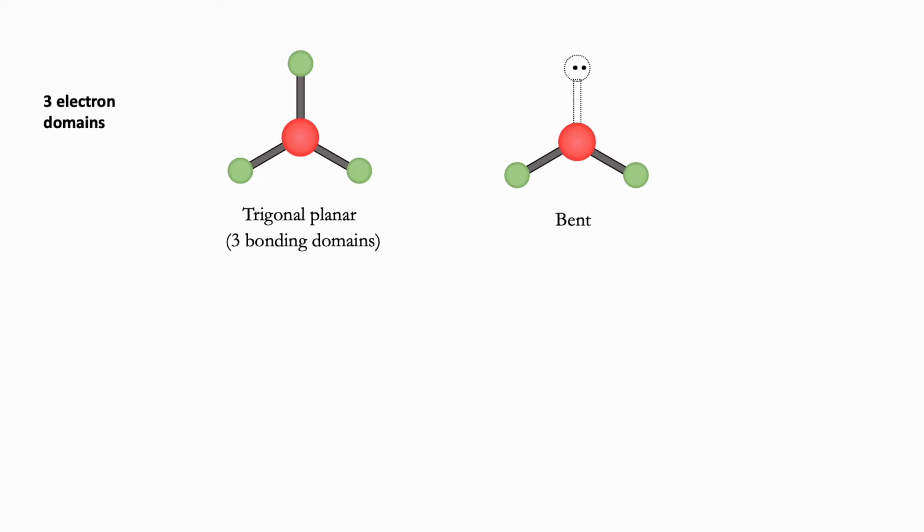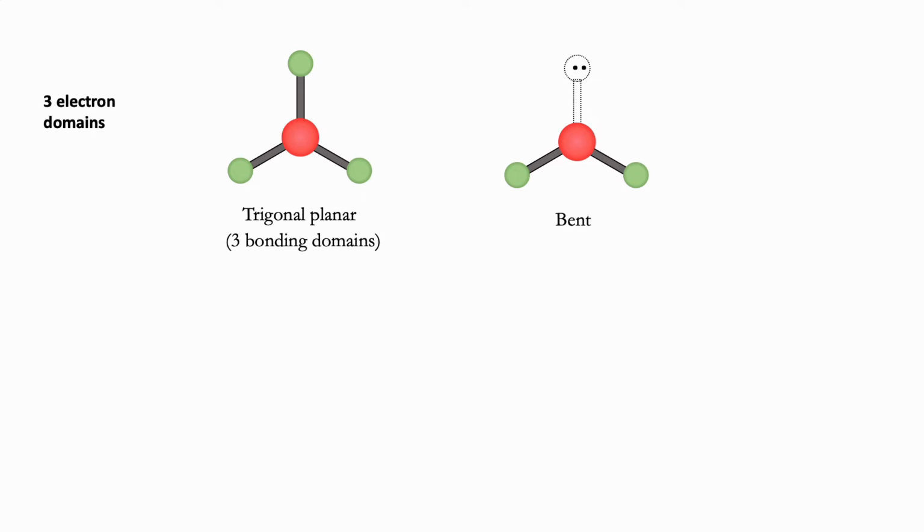But we don't actually see that pair of electrons that I've put in a dashed line. They affect the geometry because the non-bonding electrons will repel the bonding electrons, but they're not going to be visible to us. So that's why we differentiate between electron domain geometry and molecular geometry.